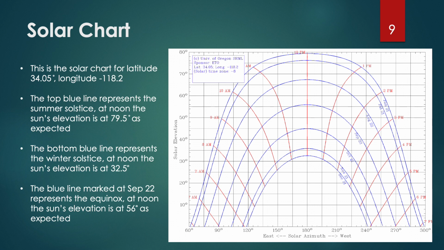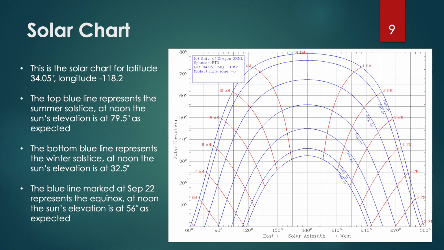And so if you check the chart at noon, when the sun is directly overhead, we see at our summer solstice, the solar elevation is about 79.5 degrees. So that's what we predicted.